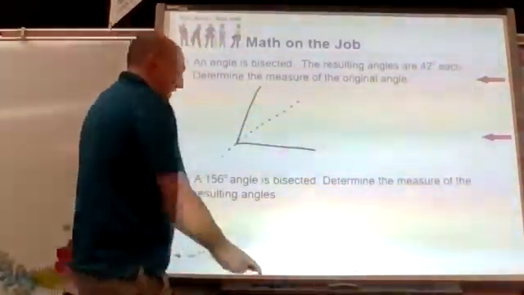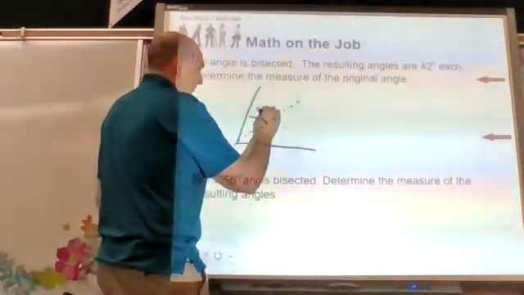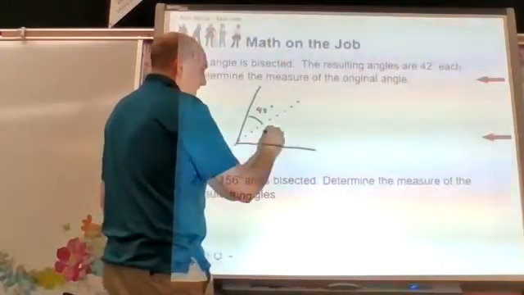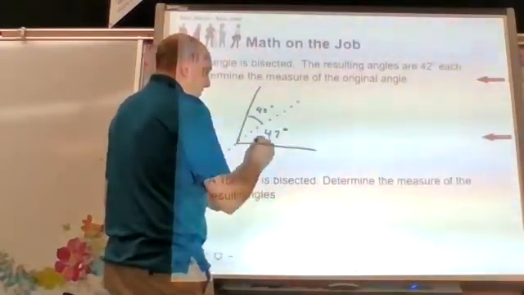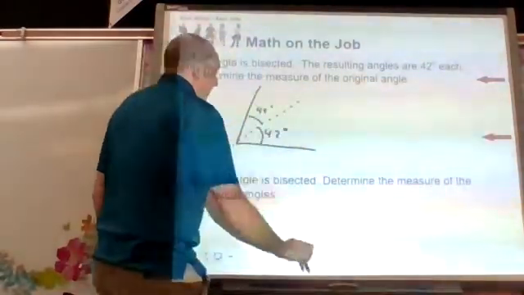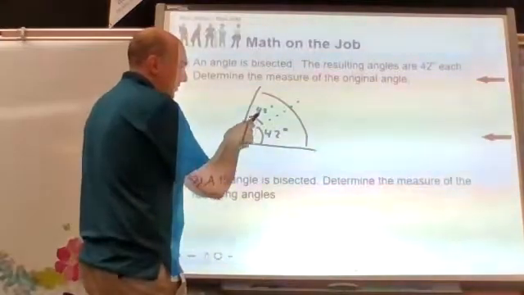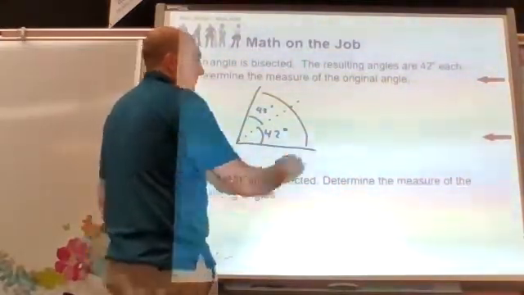Then the resulting angles are 42 degrees each. 42 degrees and 42 degrees. So what was this full angle that we started with? Well, it's simply going to be 42 plus 42.